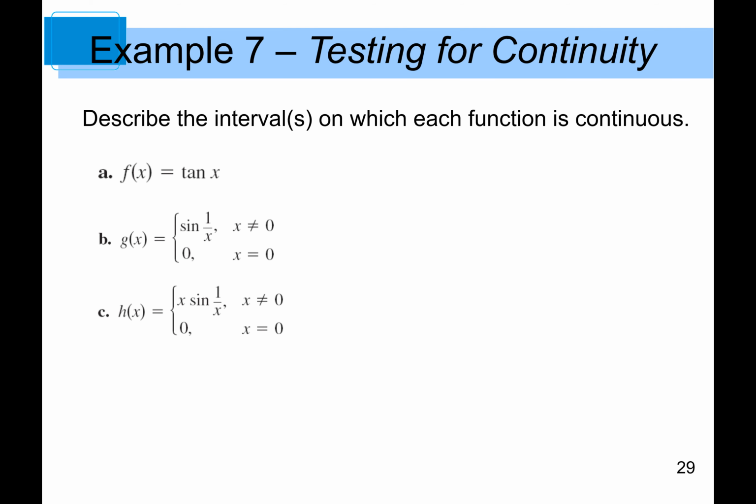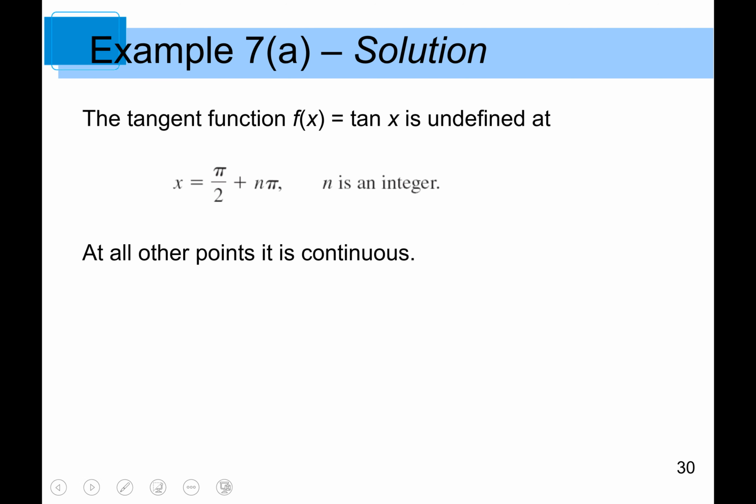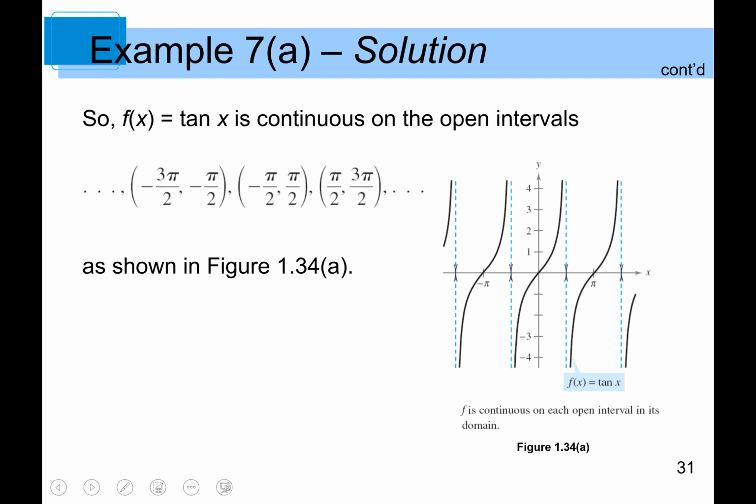Let's take a look at the intervals on which each function is continuous. First one is tangent x. We know the domain of tangent x is everything except pi over 2 plus n pi, right? So in that case, it's continuous everywhere within its domain.